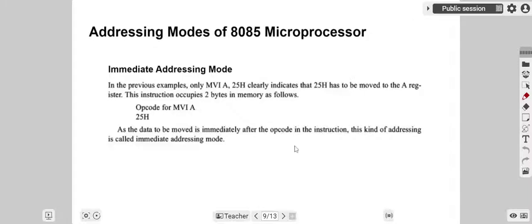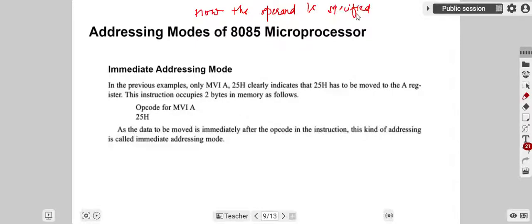Now, what are the addressing modes of the 8085 microprocessor? Addressing modes means how the operand is specified in any instruction.